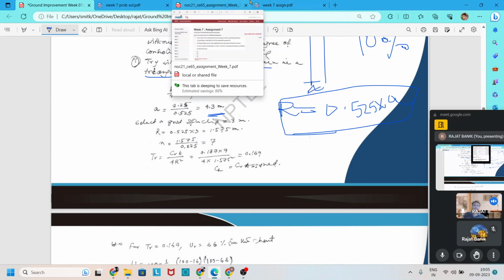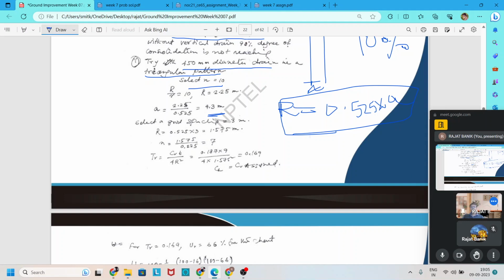Now we know that if we reduce our spacing, the vertical drain is more effective. That means the consolidation by the vertical drain is increased.